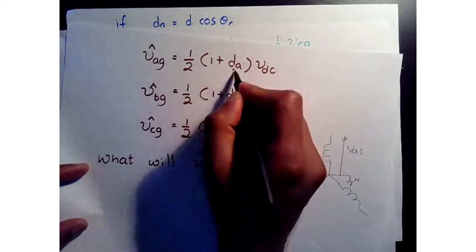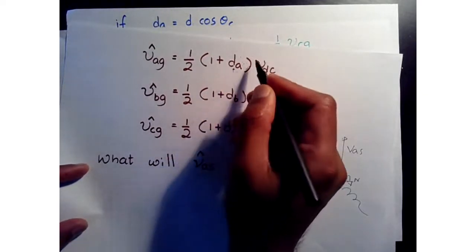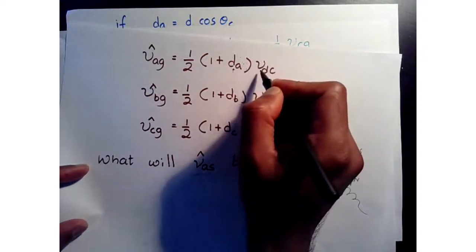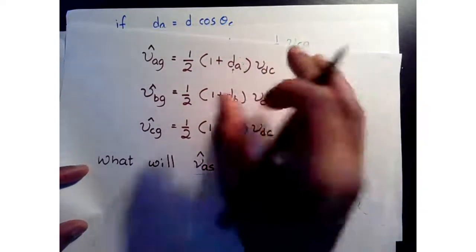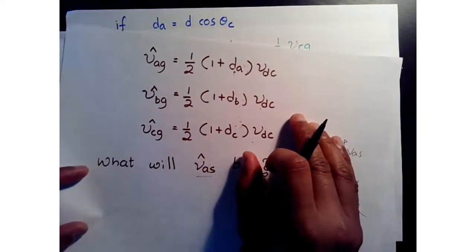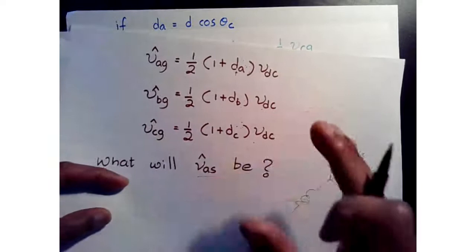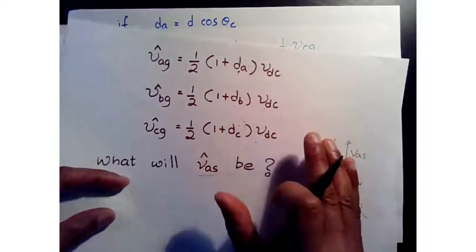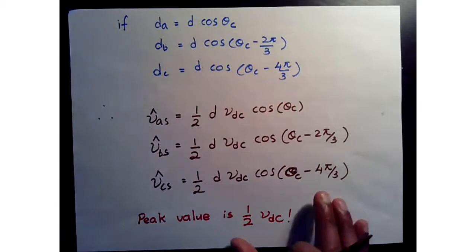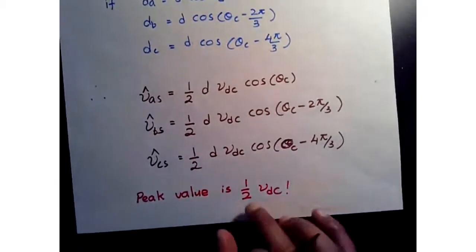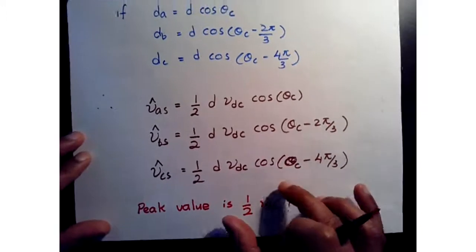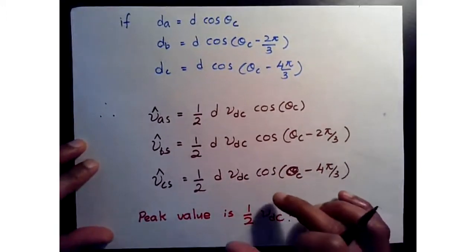We can only reach 1, because if we try to go beyond 1, we are no longer able to reach anything beyond VDC, because that's the maximum point we can reach in terms of a DC bus. Okay, and this is true when we have this sine triangle modulation. Okay, so in the sine triangle modulation, we are limited to applying half our VDC to our phase voltage.